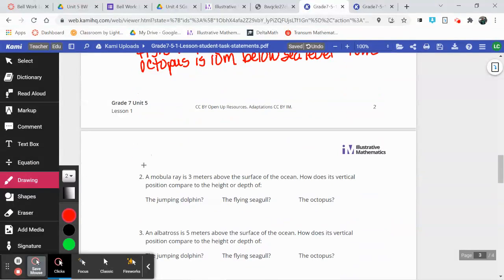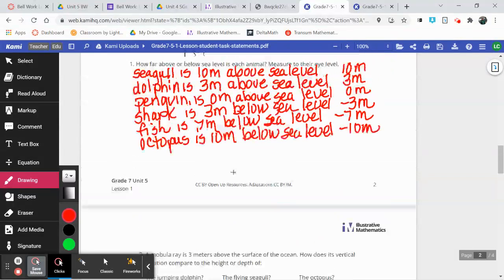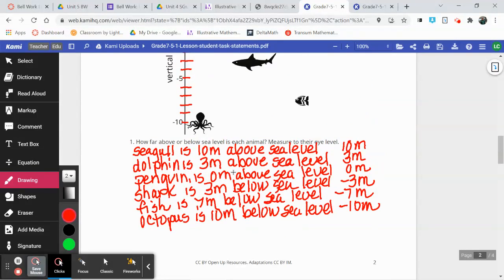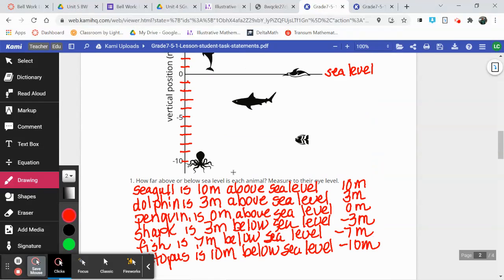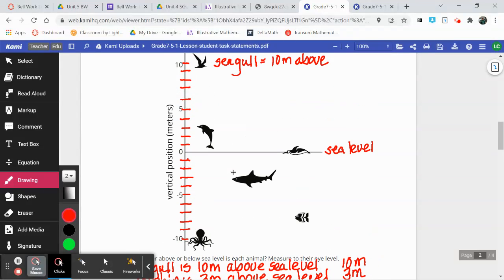The next question says, a manta ray is 3 meters above the surface of the ocean. How does its vertical position compare to the height or depth of the dolphin, the flying seagull, and the octopus? So we are comparing all of these. It said 3 meters above.